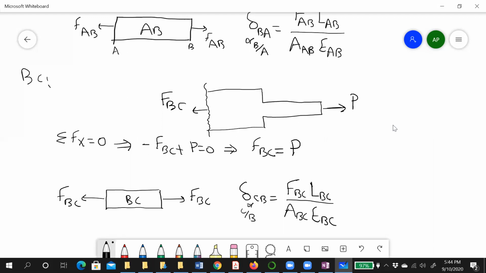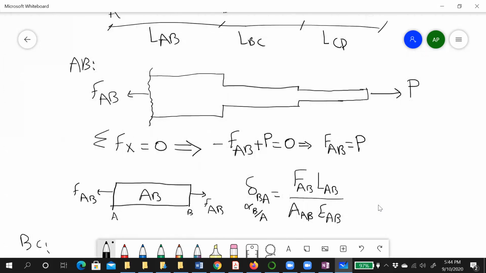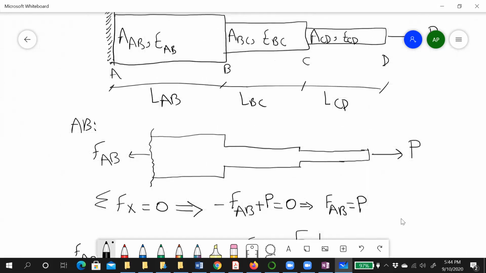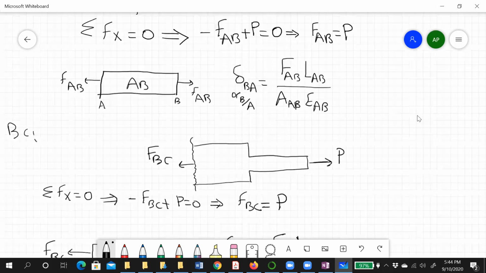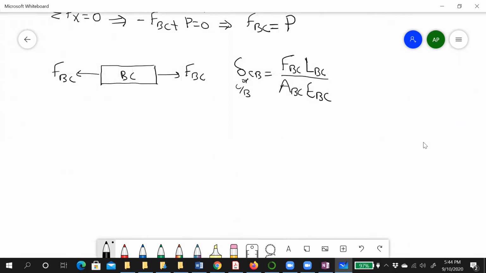Let's focus on one by one segments. So this is for BC. The last one is only this segment, segment CD. Make a section somewhere there.